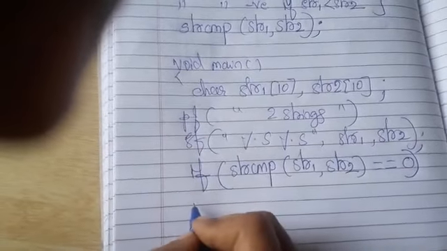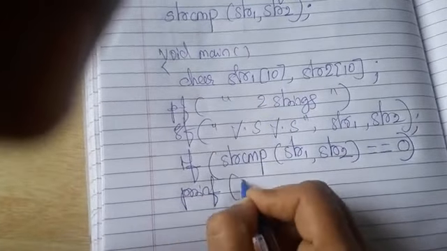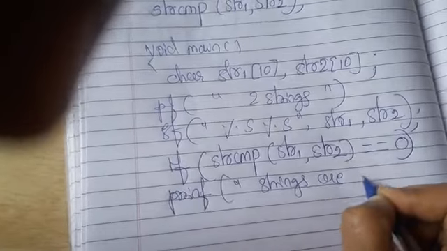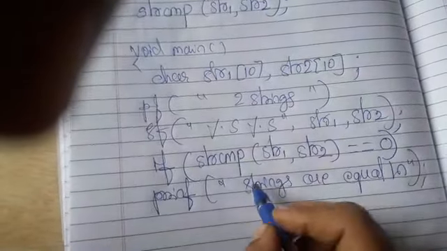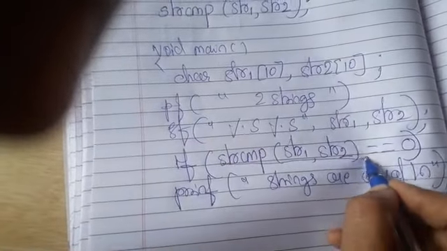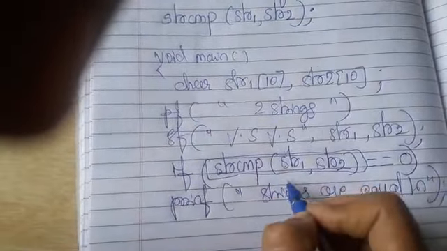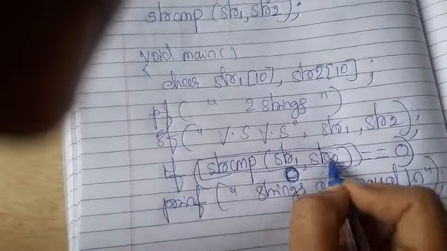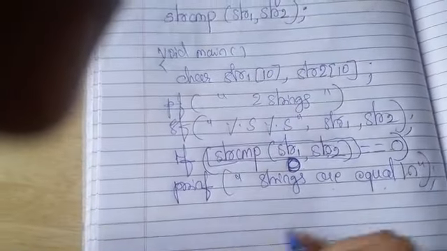If it is 0, what do I have to print? printf strings are equal. Please try to understand, automatically this function returns 0. In the sense, I will get this value as 0 if both the strings are equal. So 0 is equal to 0, and it prints strings are equal.